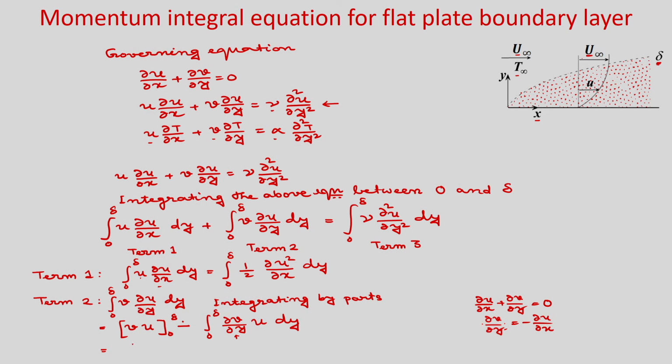So, you can write u infinity v at delta, this is unknown, and if you put the lower limit, velocity at 0 will be 0 only. If you put del v by del y is equal to minus del u by del x, and multiply with u, and take this u inside the derivative, then you can write half del u square by del x into dy. So, the left hand side, let us write all the terms.